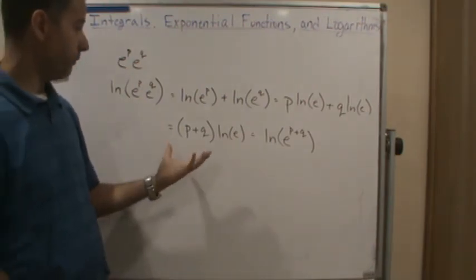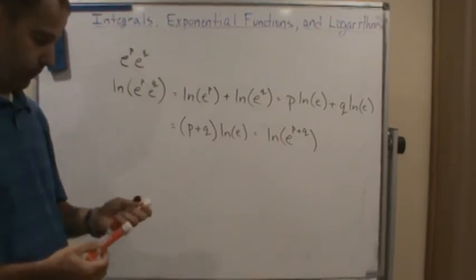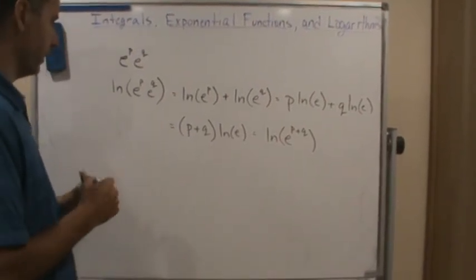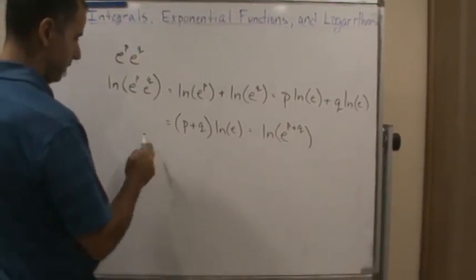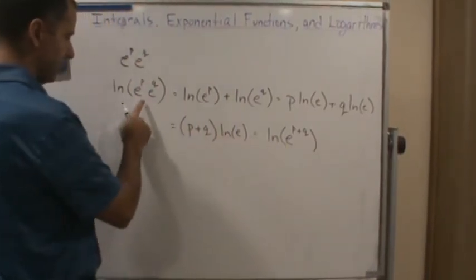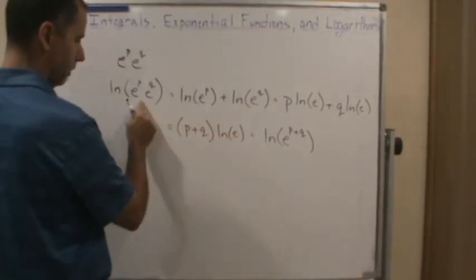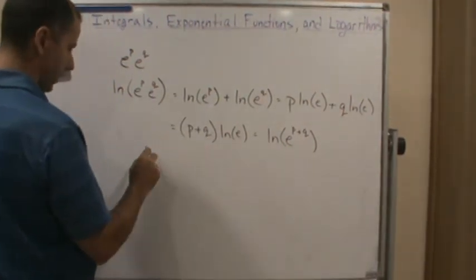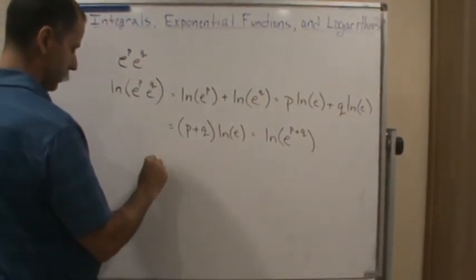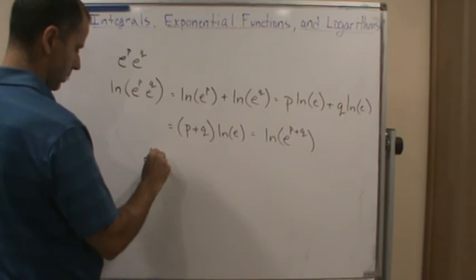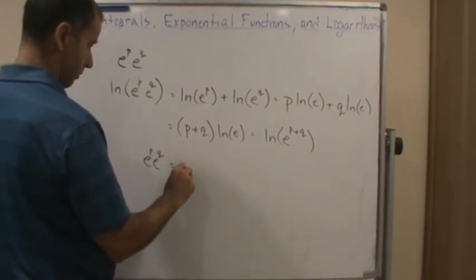And since it is a one-to-one function, we know that if the logs are equal, then the arguments must also be equal.